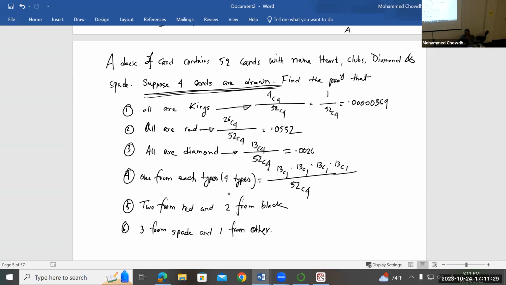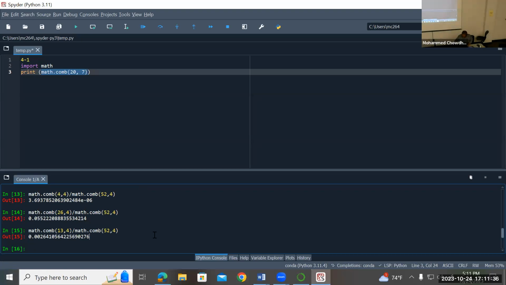So you have to do it in here. 13 choose 1 is equal to 13.